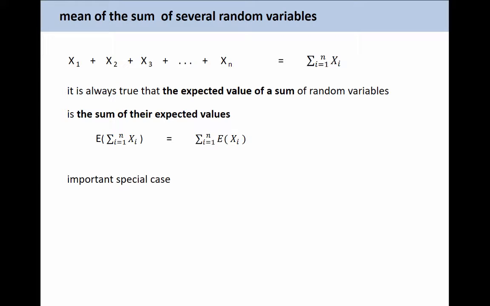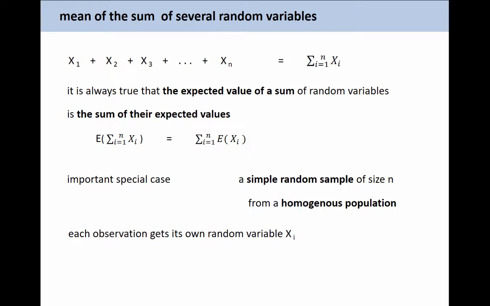And in the important special case we're going to work with, where we'll have simple random samples of size n, we'll be assuming that our simple random samples are from a homogeneous population. What that means is that each observation gets its own random variable x sub i, but if it's a homogeneous population, all of the x sub i's will have the same probability distribution, and in particular, they'll have the same mean.